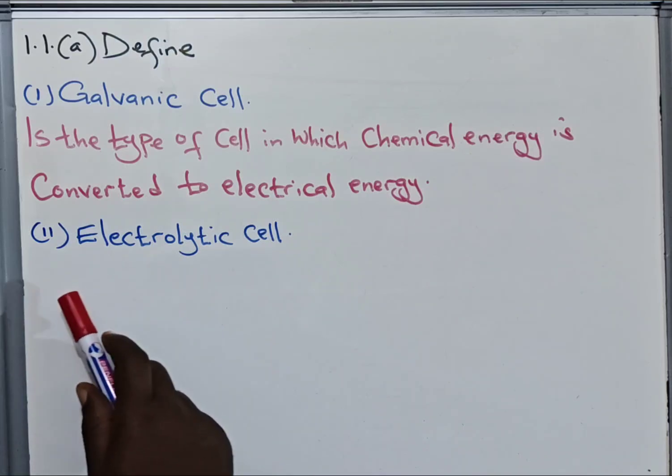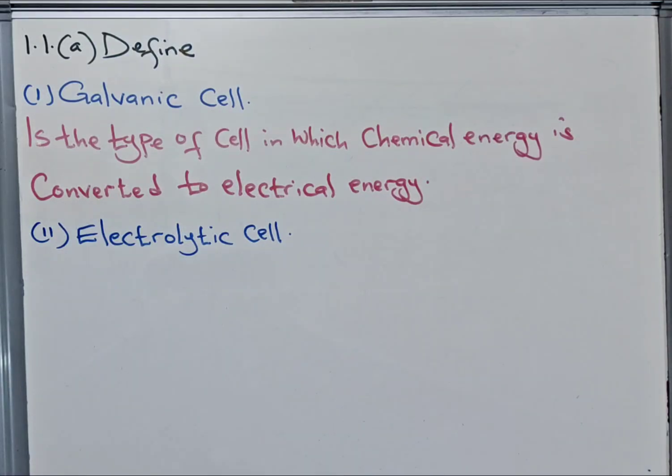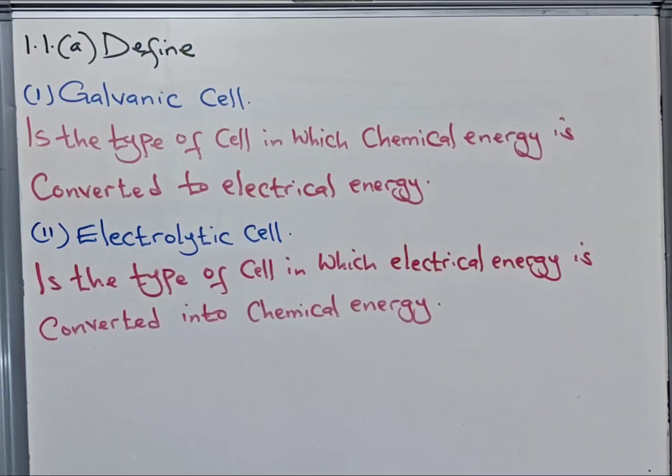How do we define an electrolytic cell? This is the type of cell in which electrical energy is converted into chemical energy.